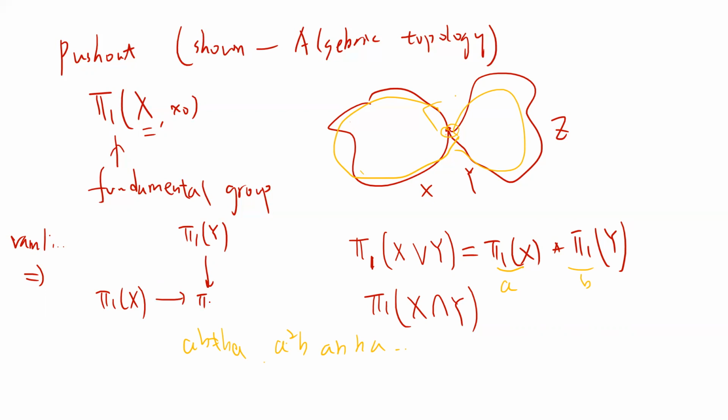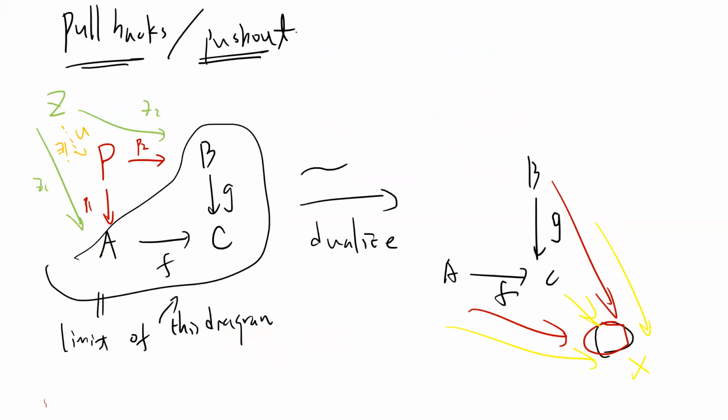Sorry, I forgot the details, but I remember the result is just the pushout of the fundamental groups. Basically, the Van Kampen formula is just a pushout of fundamental groups in a category sense. Don't worry.